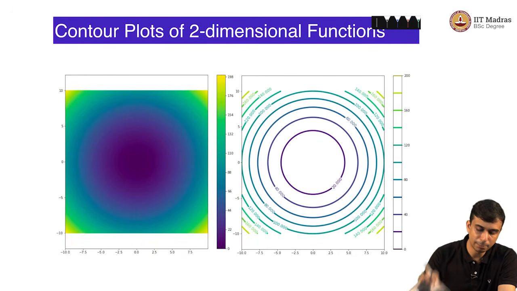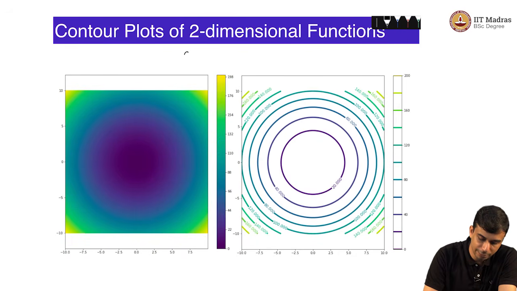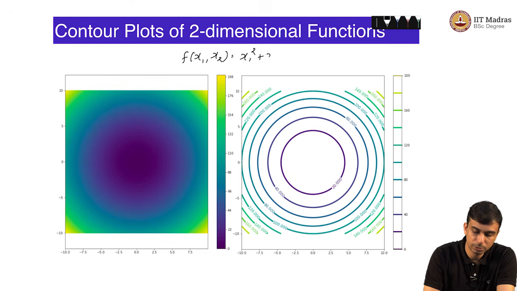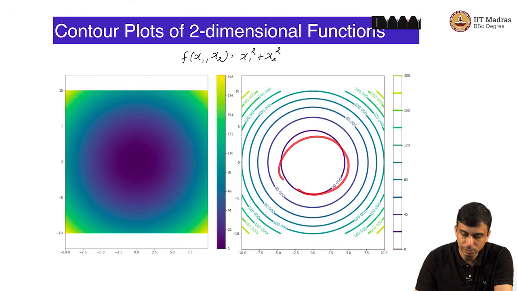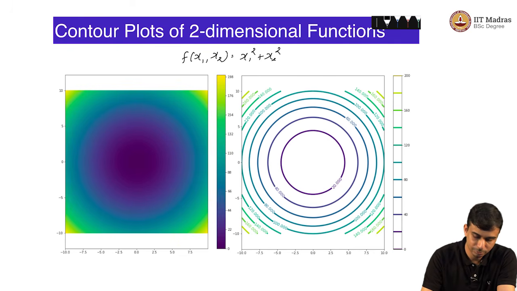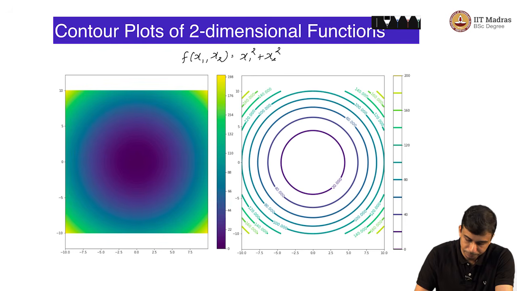Here is one other example of another function where f of x1 comma x2 is simply x1 squared plus x2 squared. You can see that the contours are circles and the heat map also looks vaguely circular in shape.